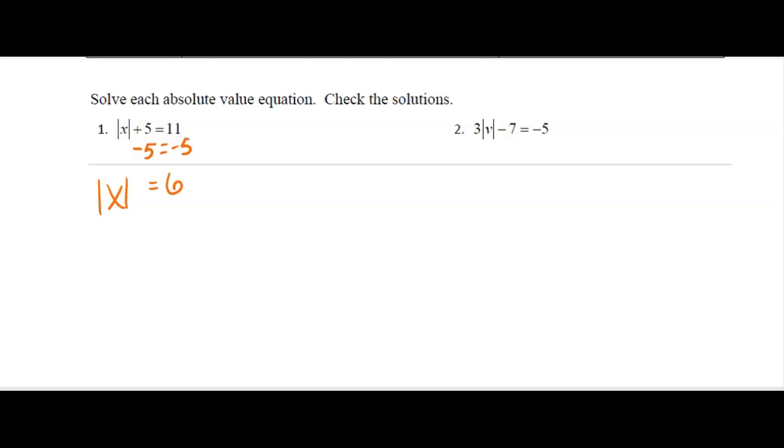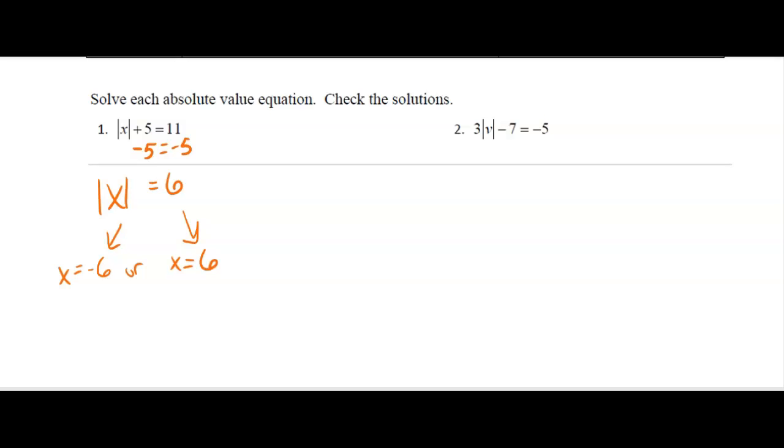So what does that mean? This is when we would split it. Okay? We split it, and so x can equal -6, or x can equal +6. It just adds that extra step there at the end.